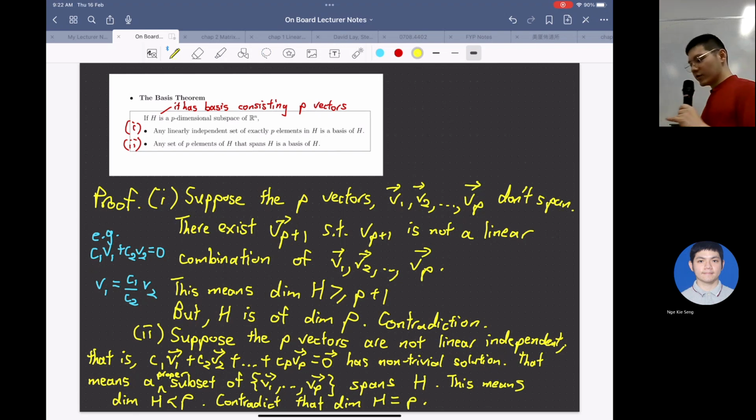We will see a similar theorem in the next chapter. Again, next chapter we will be generalizing vector spaces, not just Rn but different vector spaces.